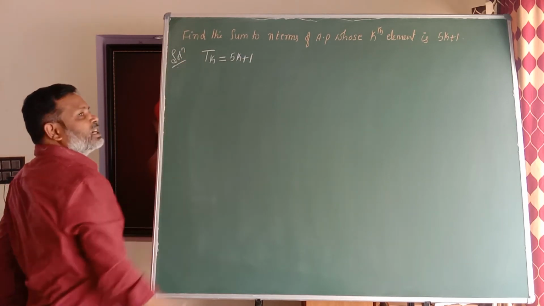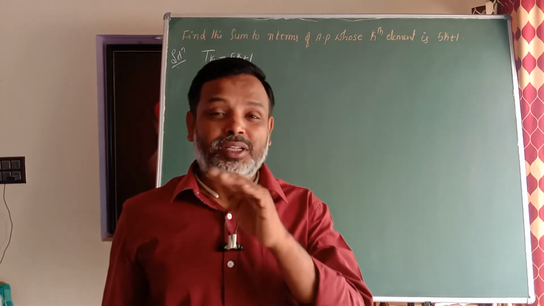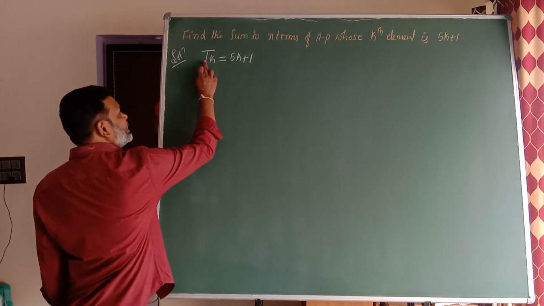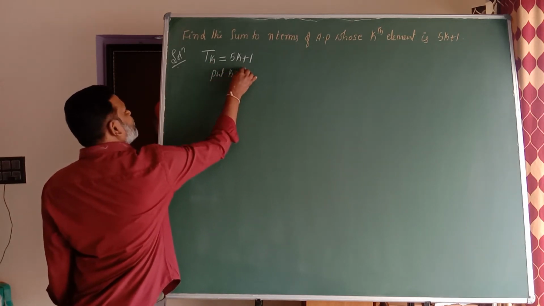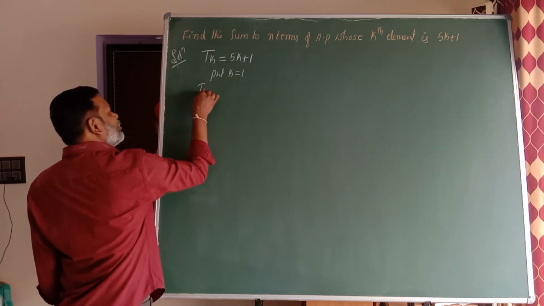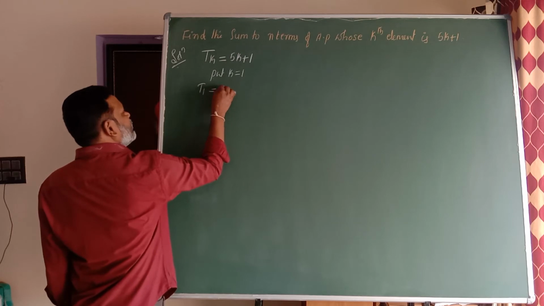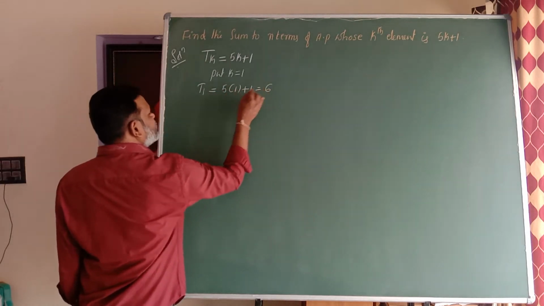So now let us find out the first term, second term, third term, and so on up to the last term, using this. To find the first term, that means T1, put k is equal to 1. T1 is equal to 5 into 1 plus 1. 5 ones are 5, plus 1, that is equal to 6.